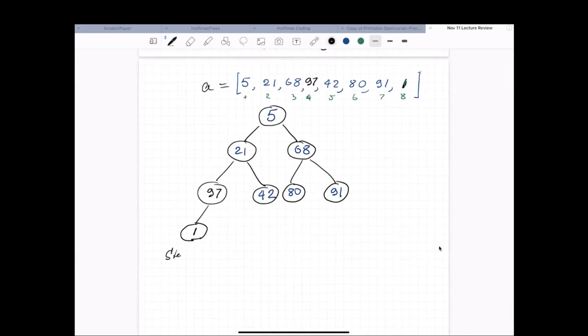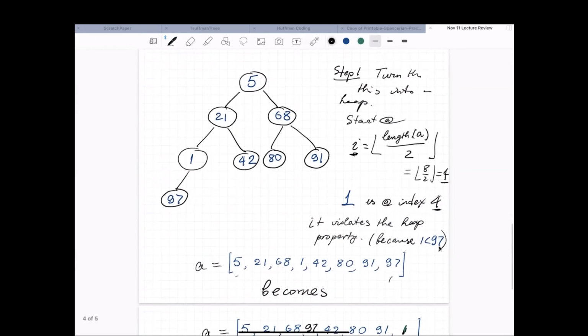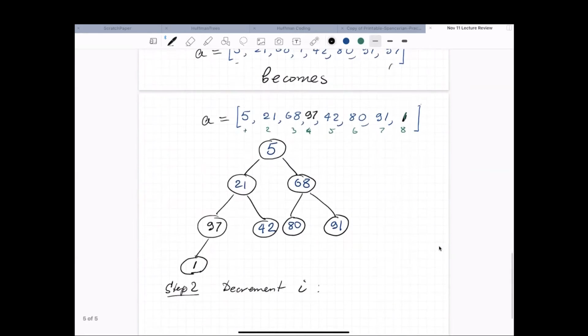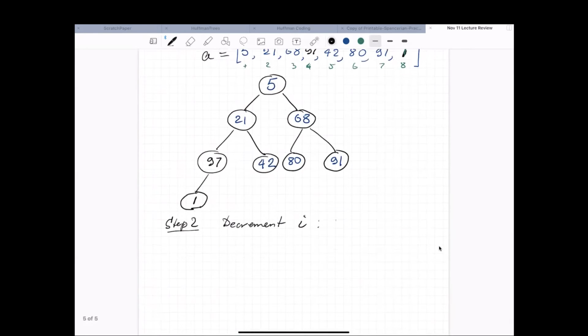Step 2. Decrement I. So what was I? I was 4. So now I is 3. So I am right here.